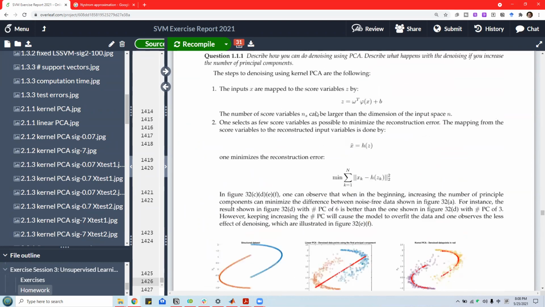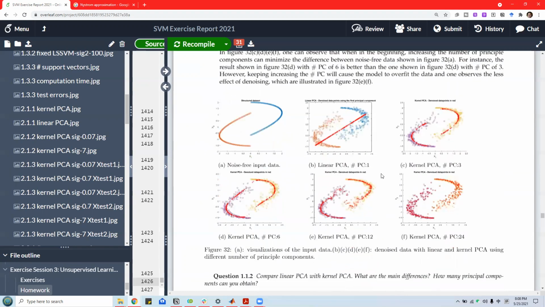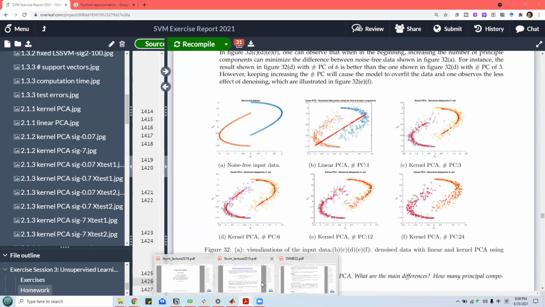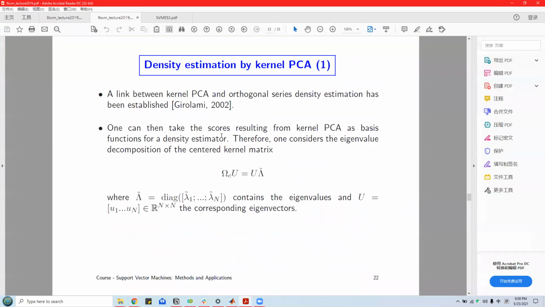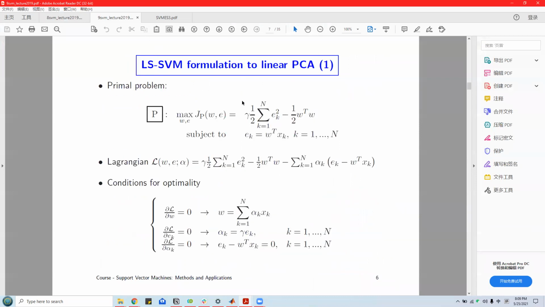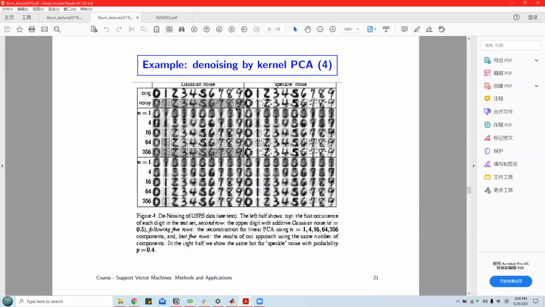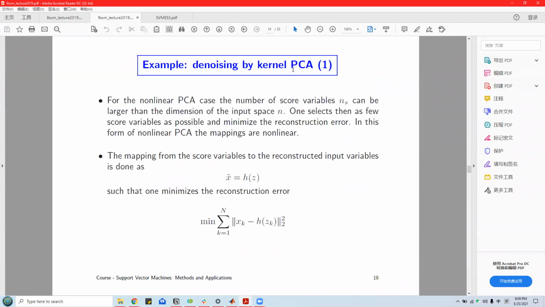For discussing how to do denoising using PCA, you can check the slides for this course, lecture 9, where it is already discussed how to do denoising with kernel PCA.